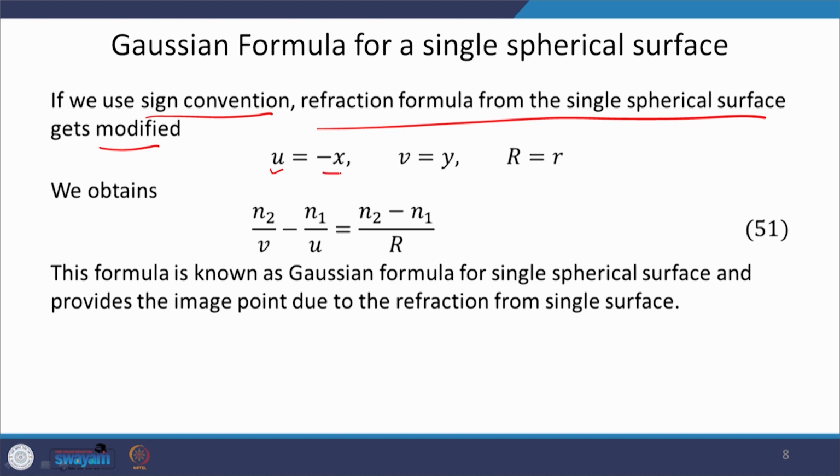This distance would be minus x. The minus is coming from the sign convention. Similarly, y, which is the distance of image point I from point P, would be positive, and therefore, the new variable which we introduce, v, would be equal to plus y. And what is the radius of curvature?